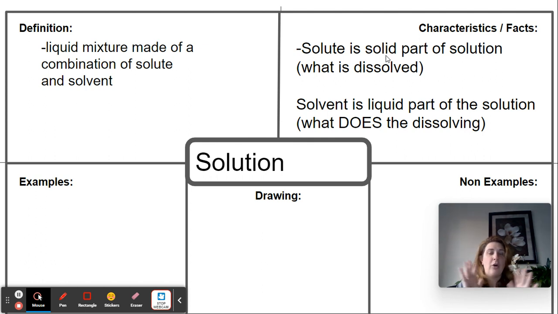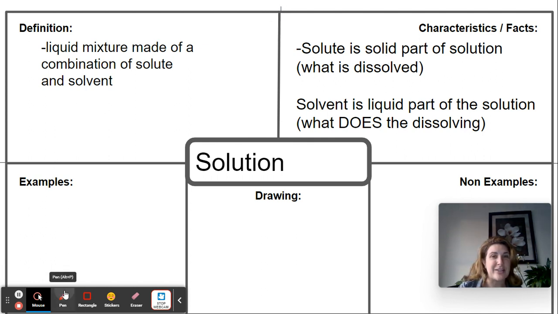So we learned in unit 2 that water is the universal solvent. If something's dissolvable, it'll dissolve in water. For everything we're going to talk about in cell membrane and transport, molecules moving and being dissolved, we're going to be dissolving them in water. So for this unit, solvent is water.